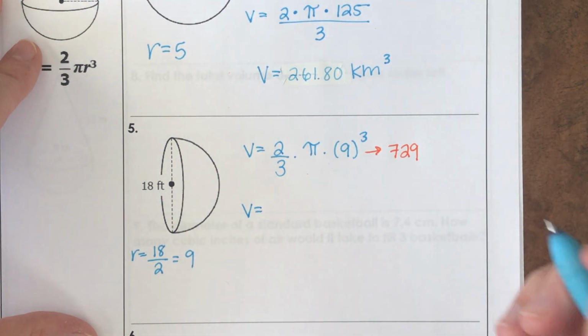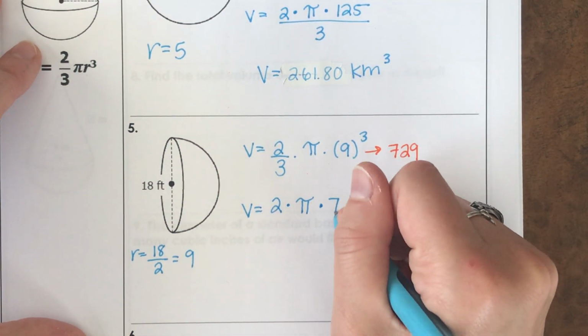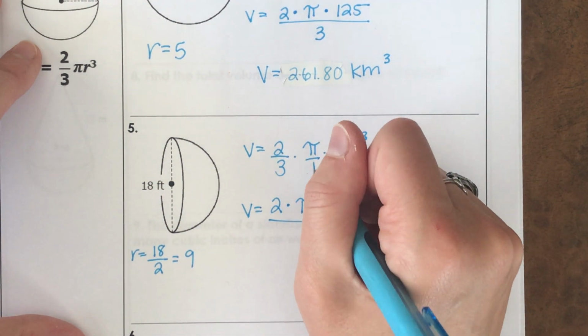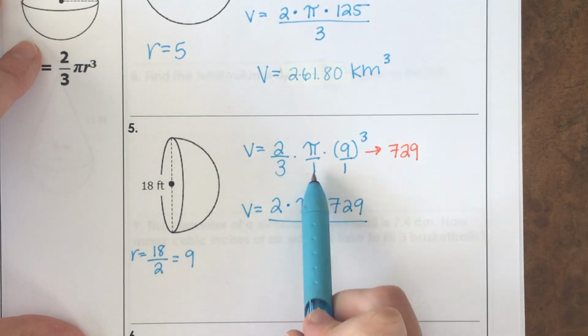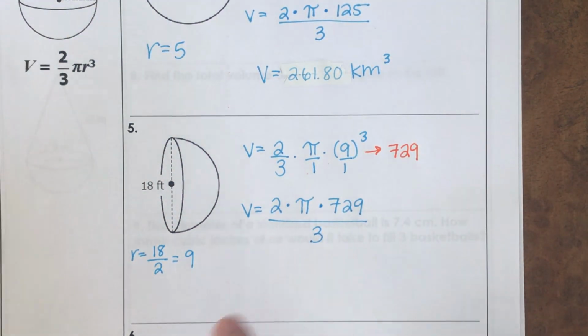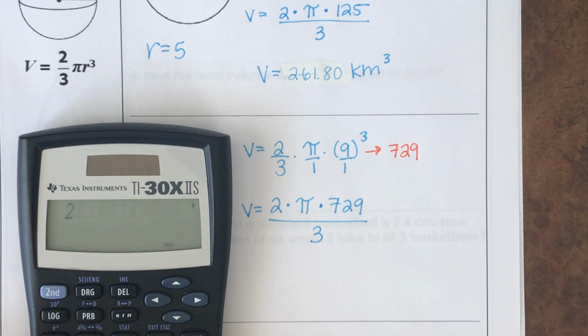So I'm just taking those numbers and plugging them in. So I'm going to multiply everything on top. That's a 2 times pi times 729. And I divide it by 3 times 1, which is 3. Okay, so let's be careful this time so I don't get the wrong thing. 2 times pi times 729 equals 4,580, and then I divide it by 3.